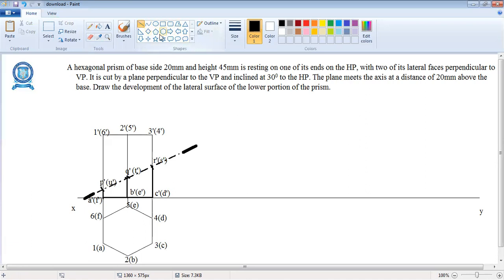The next step is to draw the development of this hexagonal prism. For that, we draw a line from the top of the hexagonal prism parallel to this XY line.